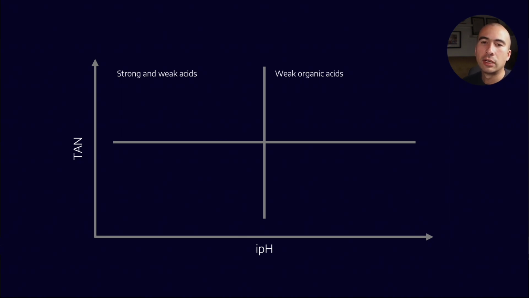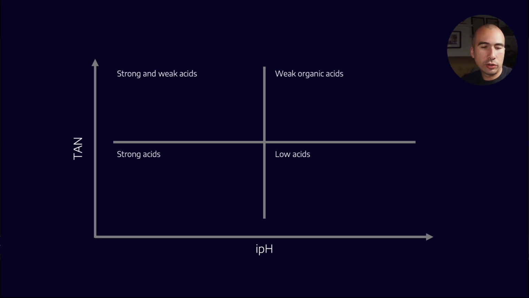If I have low TAN but low IPH, so a low volume of acid but very strong, that indicates the presence of strong acids. And if I am low TAN but high IPH, that means just low acids in general.